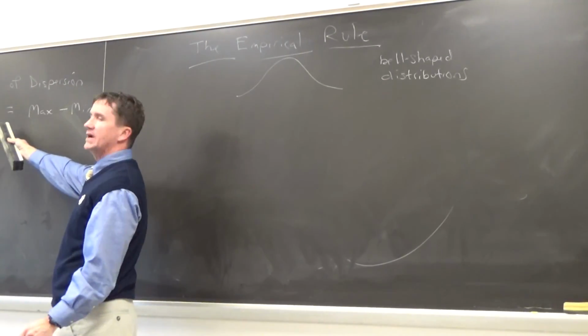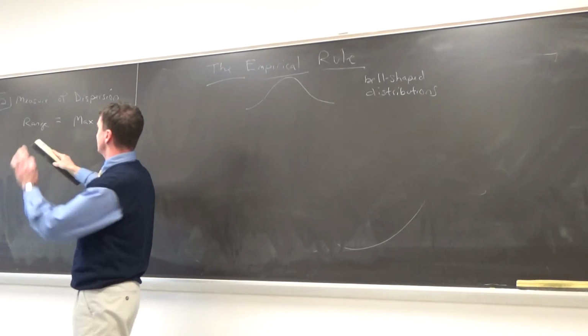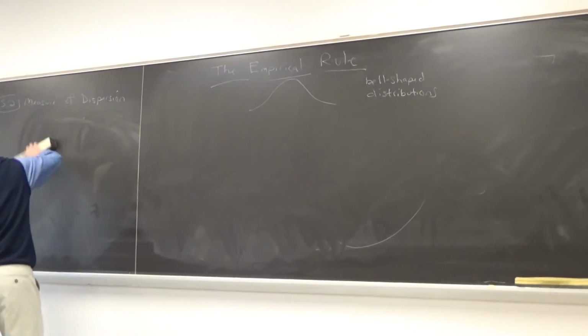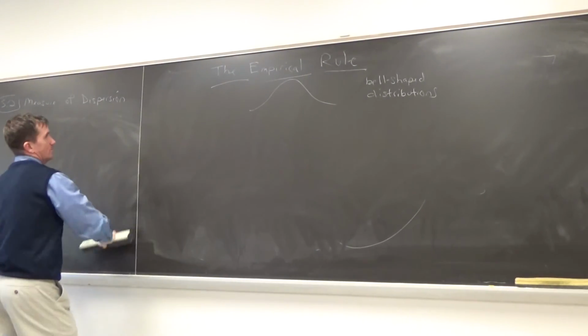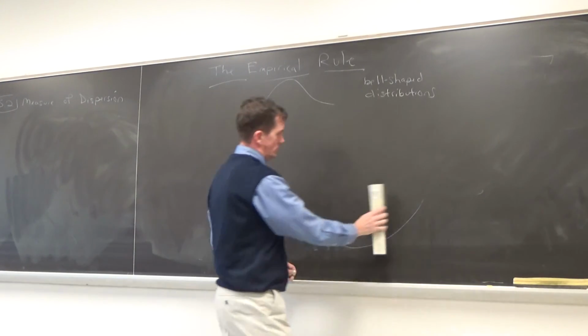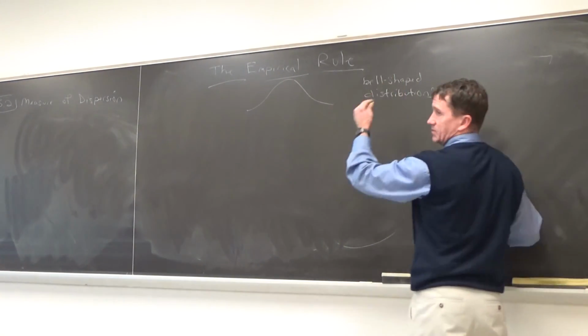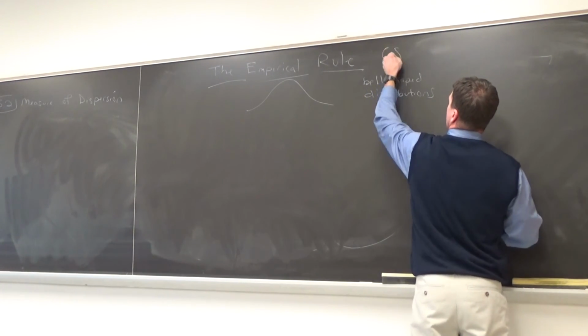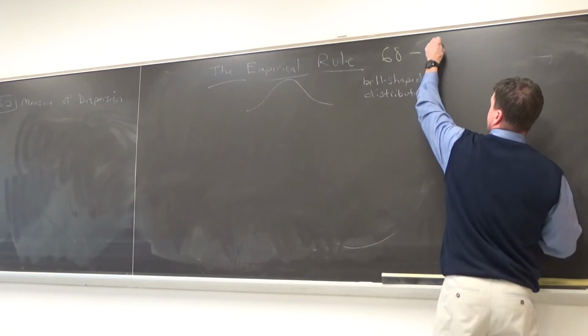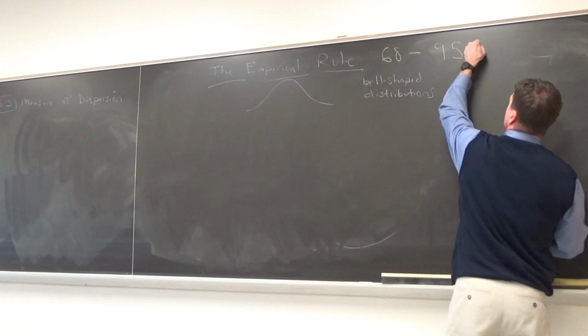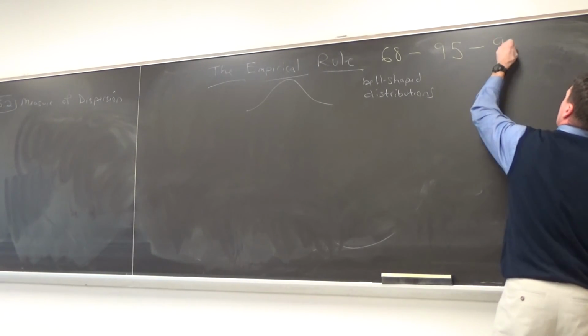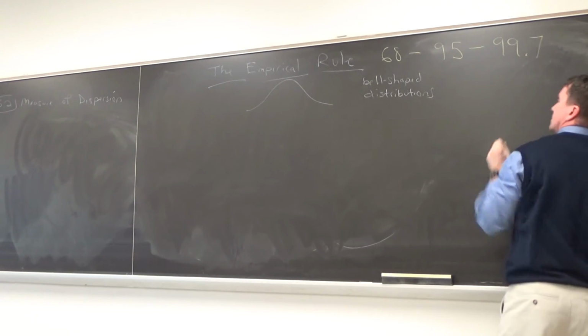Can I erase the range formula? That's easy, right? Max minus min. Well, the empirical rule deals with bell-shaped distributions. What is the empirical rule? It's 3 numbers. Here they are. 68, 95, and 99.7.